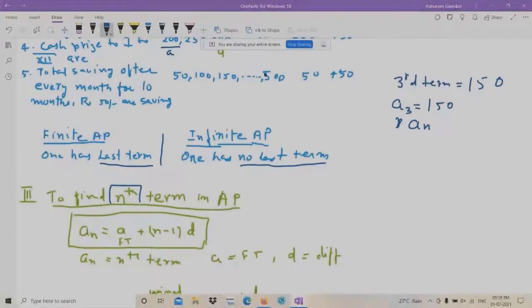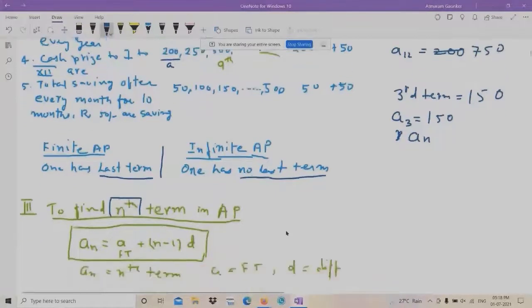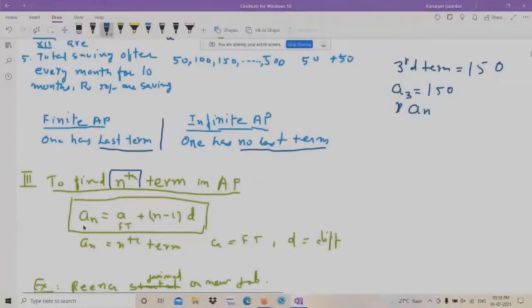In this series, can you tell me the 11th term or 12th term, A12? A12 is this last term, that is equal to 750. So like that, you have to understand what is the nth term. And the nth term is given by the formula A plus n minus 1 into D. A is the first term, n is the number of terms, and D is the difference.